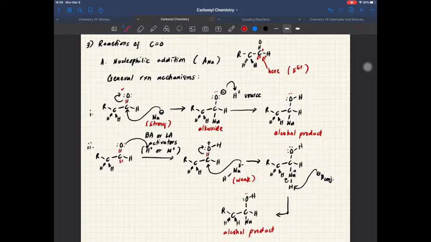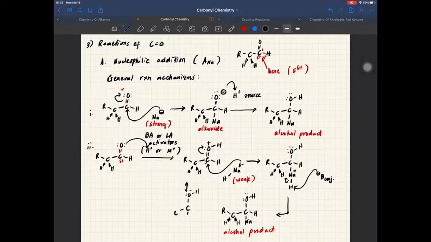So we have two types of activators. One is a Bronsted acid activator, the other one is a Lewis acid activator. The Bronsted acid or the Lewis acid activator can form a fully positive carbonyl group. So this electrophilic carbon can undergo a resonance structure which makes it fully positive, something like this.